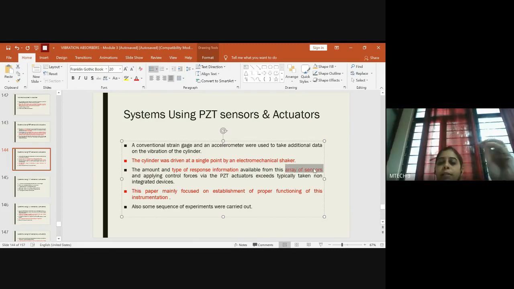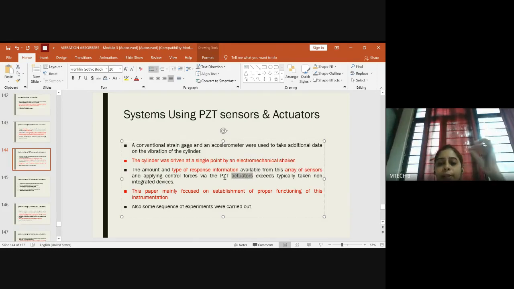Now once the sensor senses the strain range you are receiving, you need some device which will perform work. That can be done only by active devices, and these active devices are nothing but our actuators.